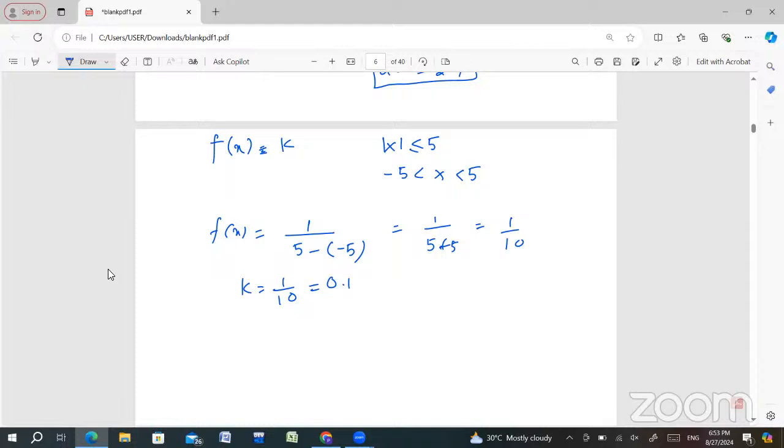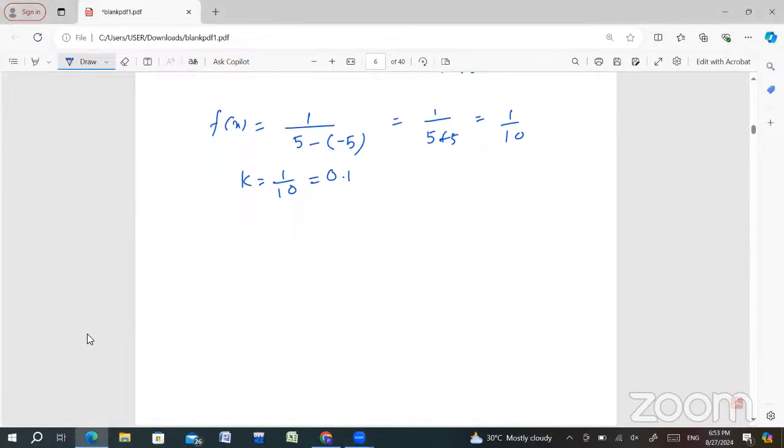Ma'am, where do we have to use the PDF and CDF? It was a little confusing, like at what position we can find it with PDF and when it should fall with CDF. So you will have to understand by reading the question.